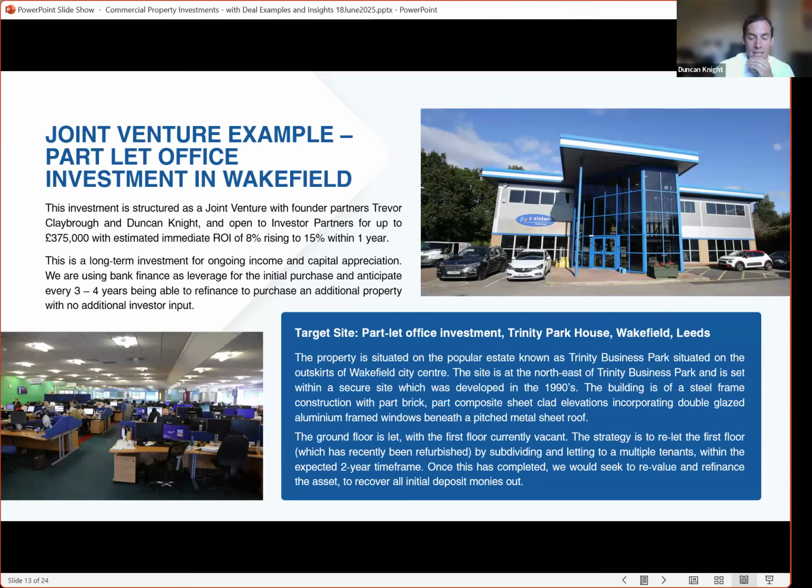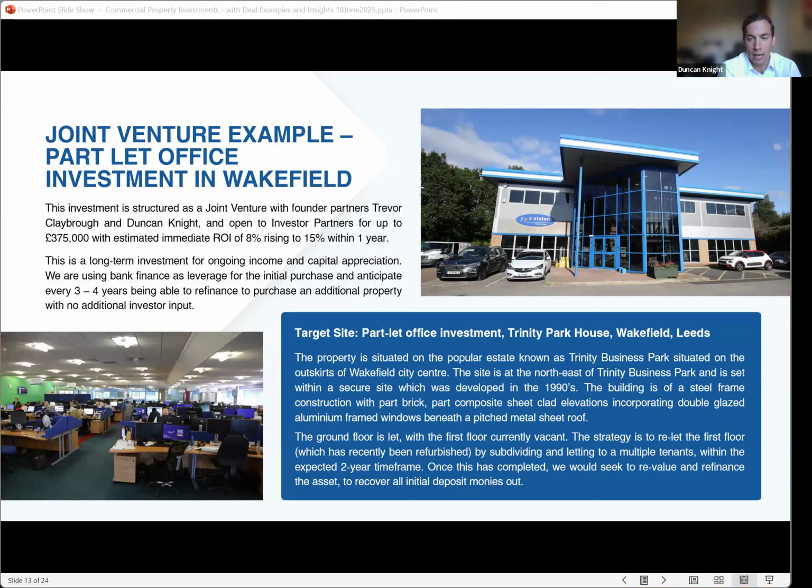Thank you, Trevor. Yeah, so this is a great opportunity to acquire a regional office building in Wakefield, just south of Leeds, and the whole estate is owned by a fund. They bought the estate 4 or 5 years ago, and they're looking to dispose of one of the office blocks on the estate.